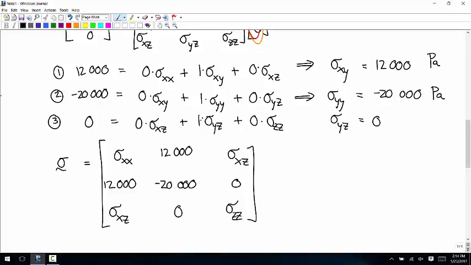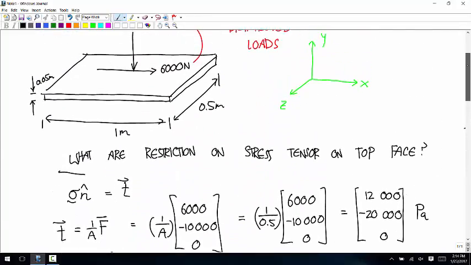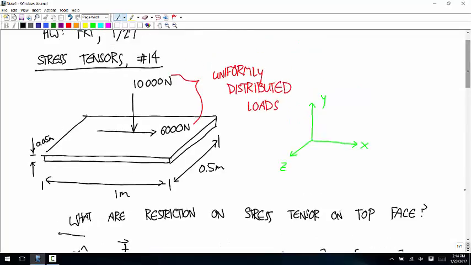Any other questions? Yeah, so you always choose that outward facing normal vector. It's always a vector perpendicular to whatever face you're considering. So that means it's either up or down on the y-axis, and it goes from material to out of the material.